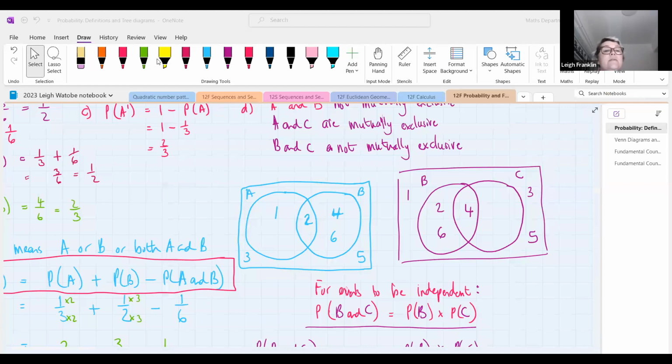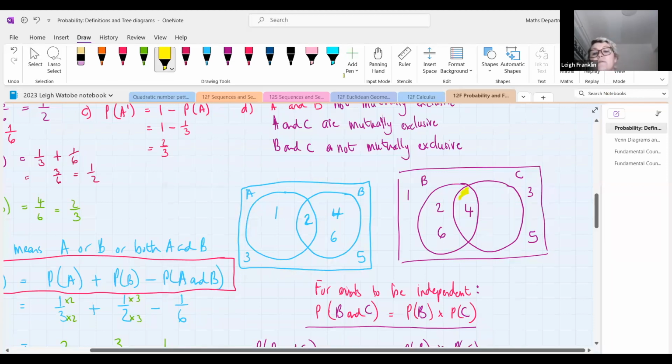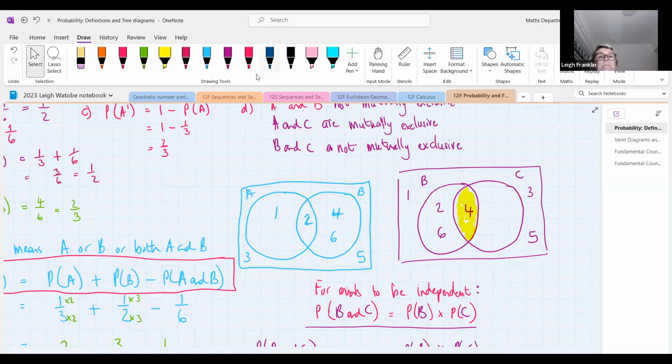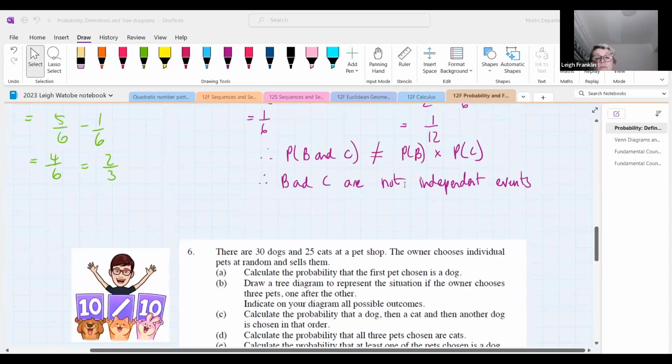B and C is this here. There's only one number there. One number out of the 6 possible numbers fits into that area. So that's why the probability of B and C is 1 in 6. Are you happy with that? There we go. All right.